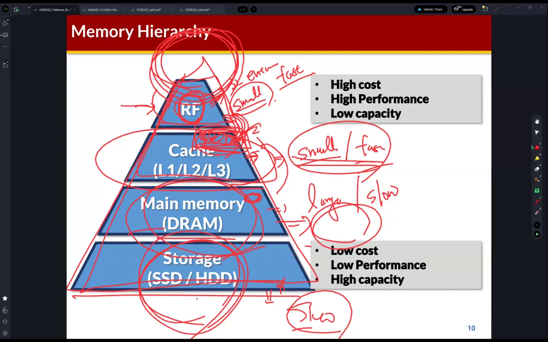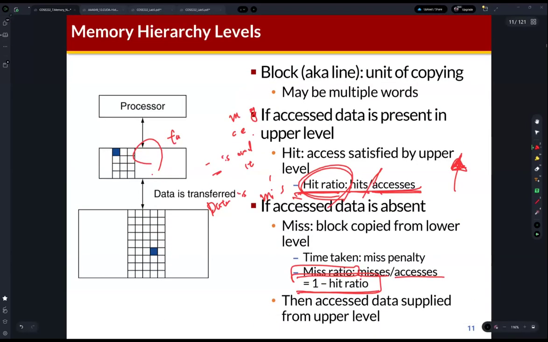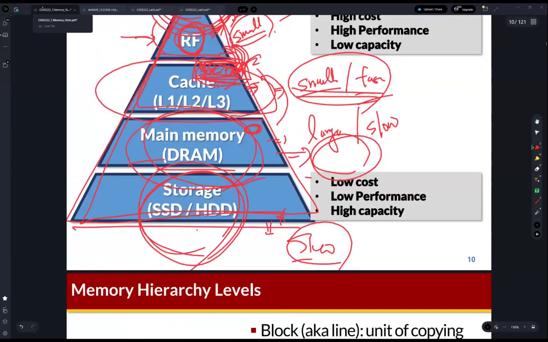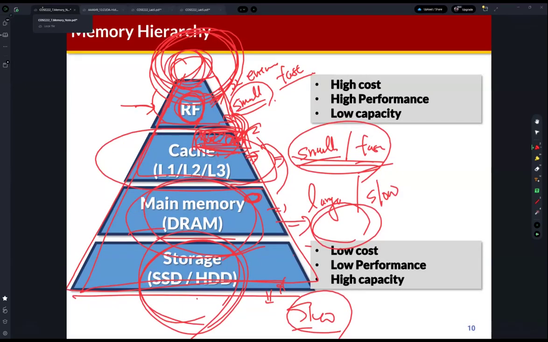This is the concept of memory hierarchy. And because of the memory hierarchy, the processor first accesses the closest memory. The processor is here, right?